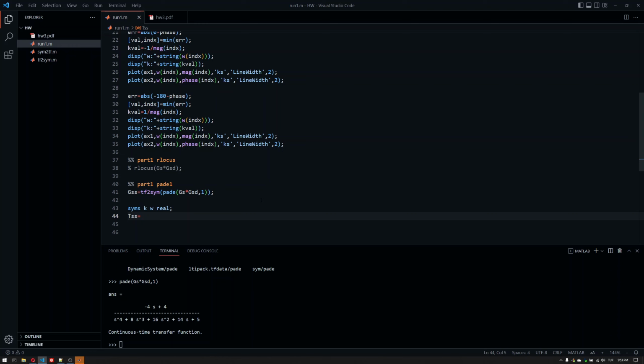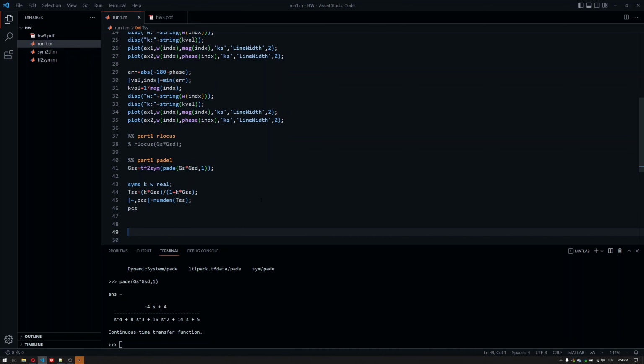That would be K times GSS divided by 1 plus K times GSS. And I don't need the numerator. The denominator is enough. Num then TSS, and I would end up in the following.